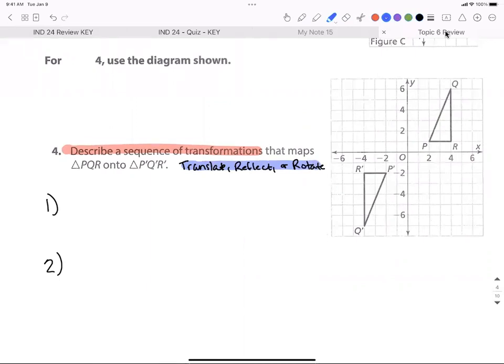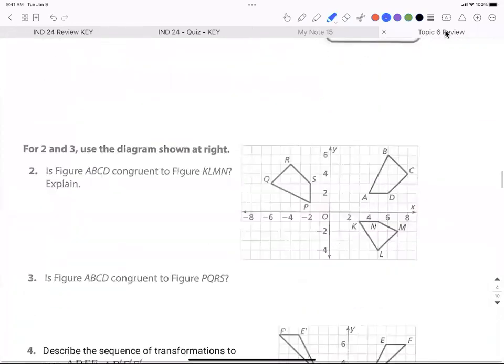If you say reflects, you're going to have to say across some axis or some line of reflection. And if you say rotates, you're going to have to say rotates about the origin, how many degrees. So there's going to be a lot of information in here. And because it's a sequence, you know there's going to be at least 2 moves.